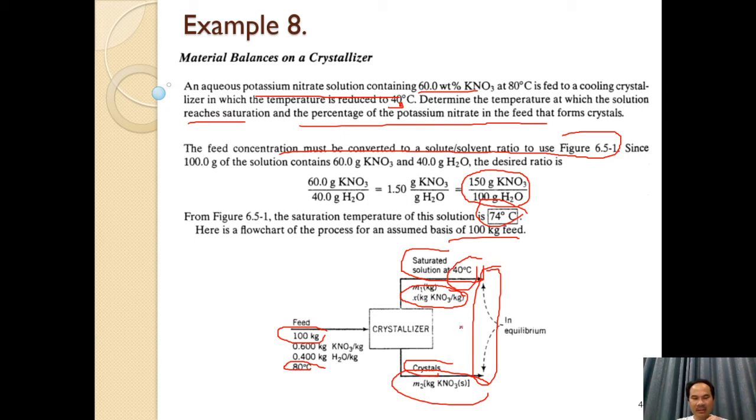The information is the solubility at 40 degrees Celsius.